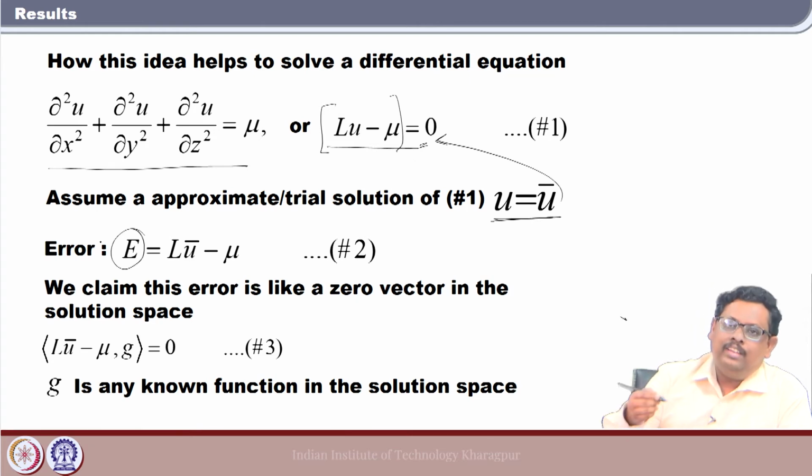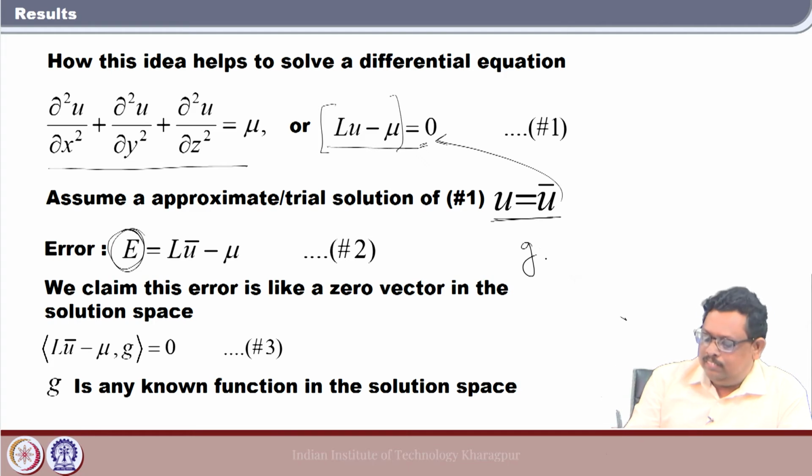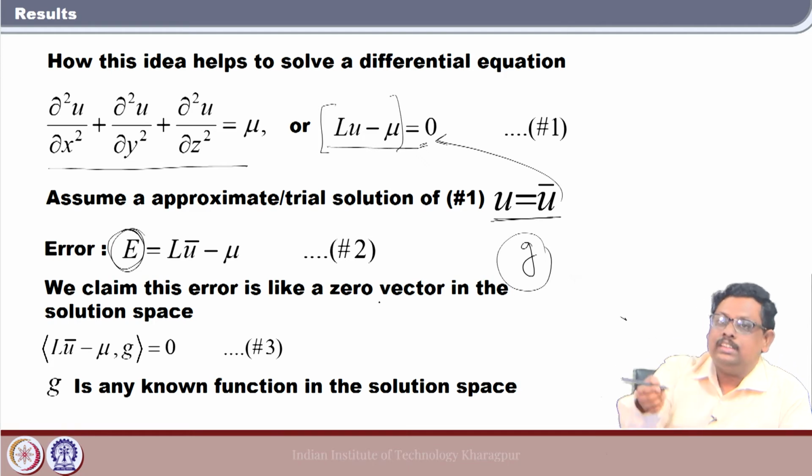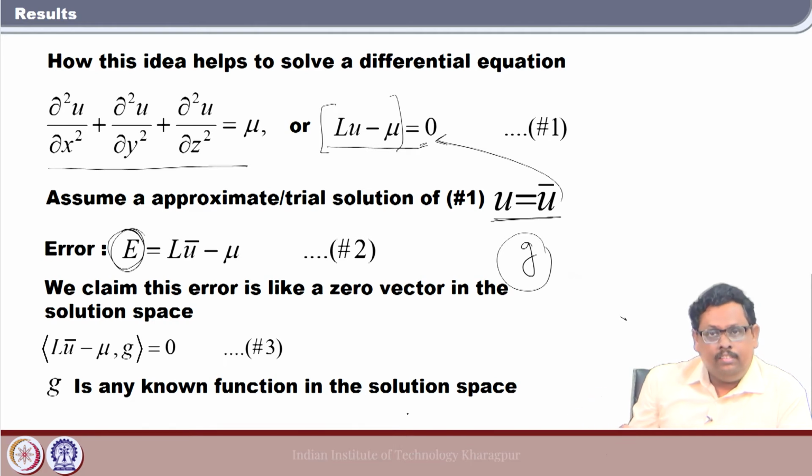Now, how does the previous idea help over here? I assume that this error E should be a 0 vector. Now, I assume any vector G, or any function G, which belongs to the solution space. Now, this G could be the strong form solution. Okay. If G belongs to the solution space, then it should be orthogonal to the error.